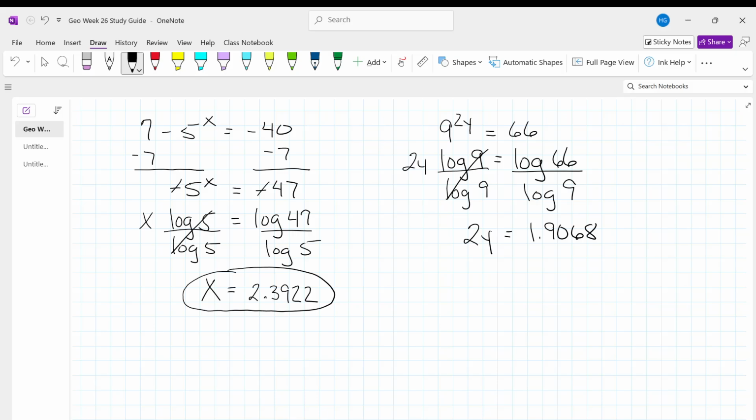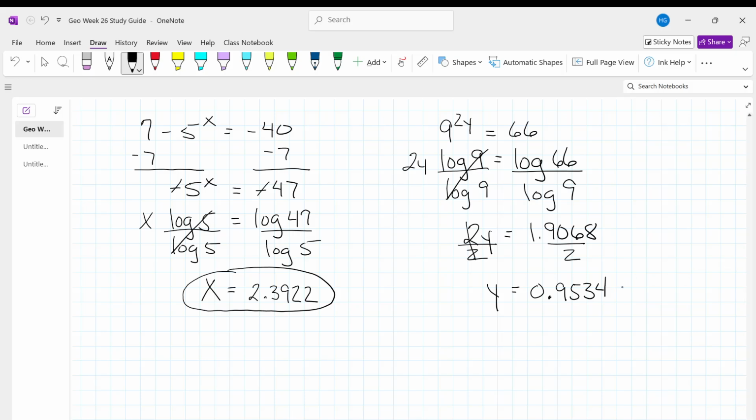Now just leave that on your screen. It'll make everything much simpler because we're just going to divide by 2 next. And you don't want to have to retype that in. Okay, so just hit divided by 2 and equals 0.9534. All right, so on my calculator screen, I get 0.9534.